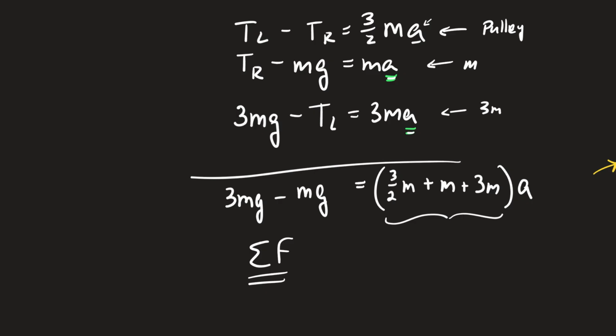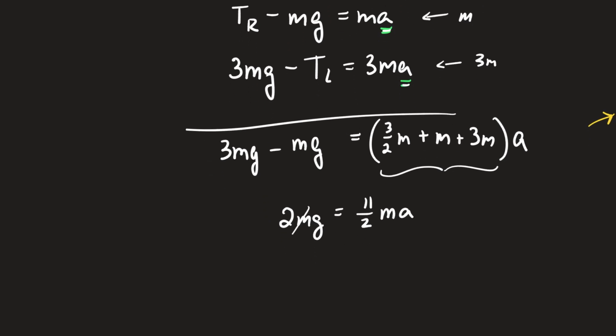This represents how the inertia of the system affects how the system accelerates. So just like before, you're going to add that stuff together. I'll get 2 mg on the left side. And let's see, 3 halves plus 2 halves plus 6 halves. It looks like 11 halves ma. If I want the acceleration of the system, you just solve this for a. I'll cancel the m's out.